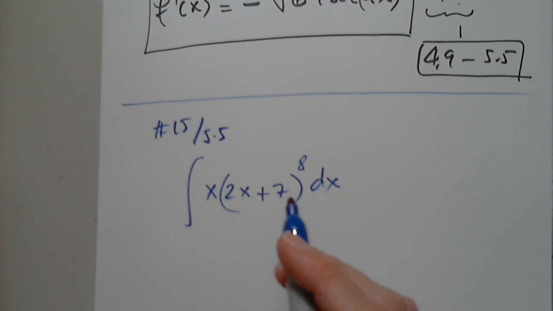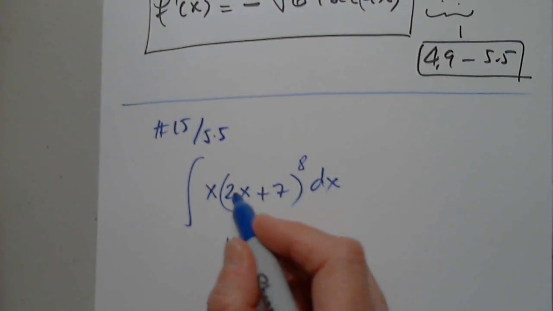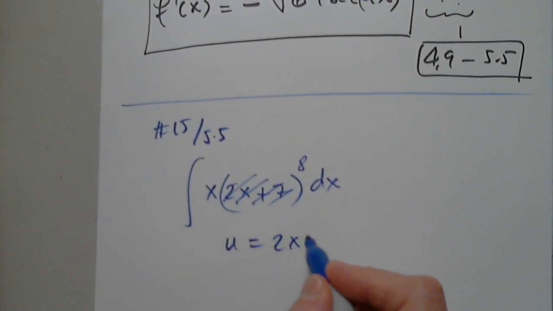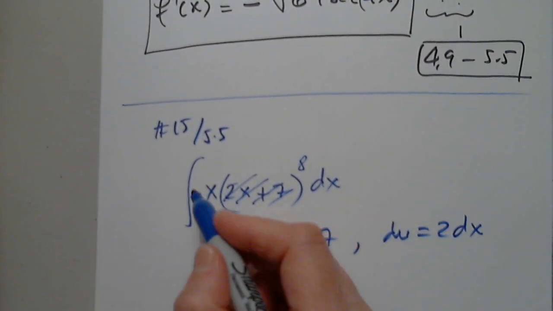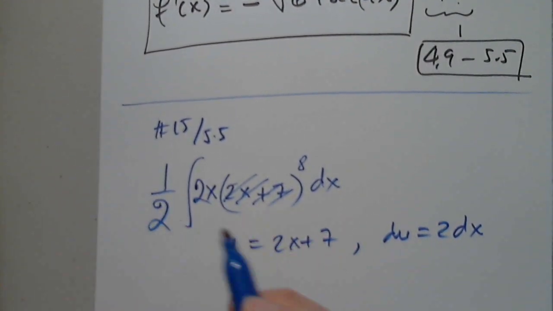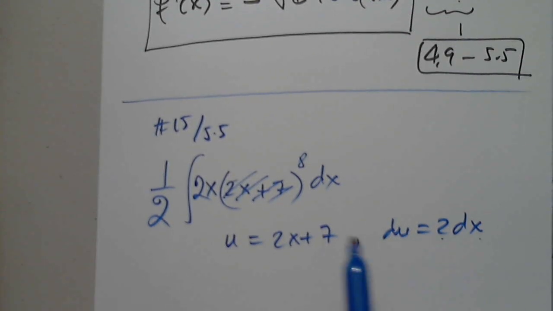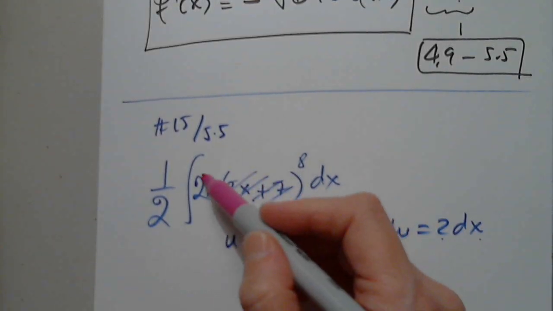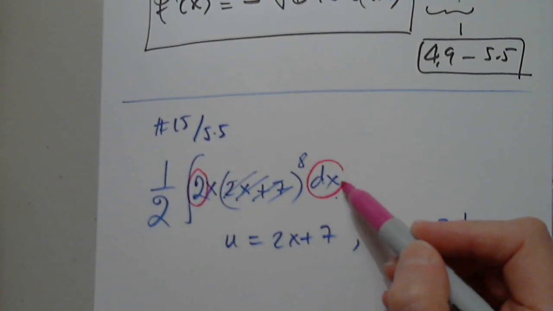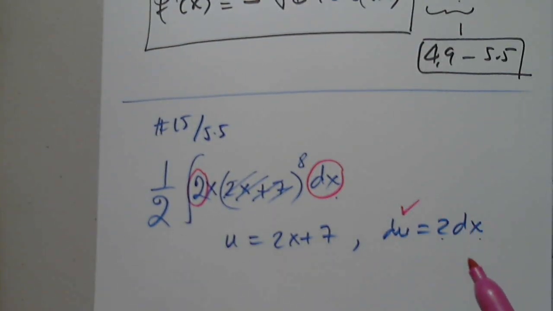Good. So the problem is this. du equals 2 dx. 2 with dx are accounted for in du.